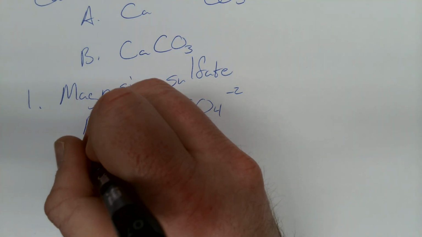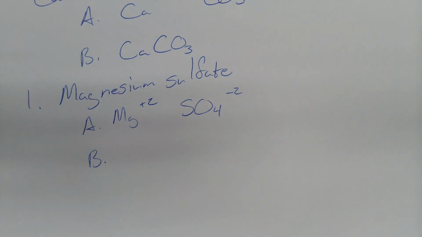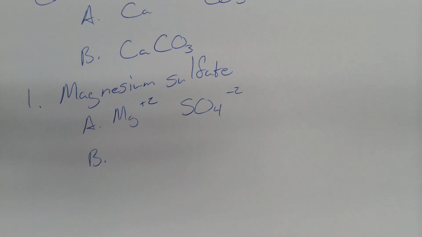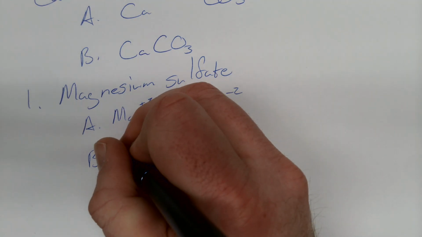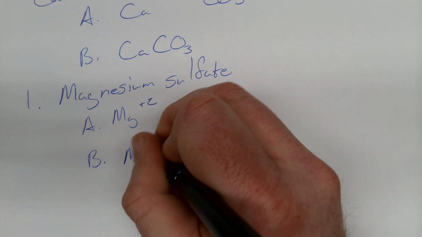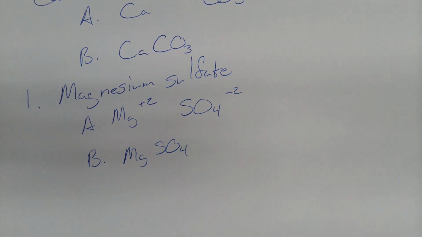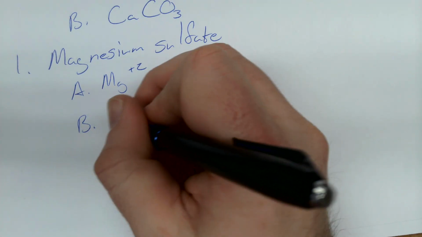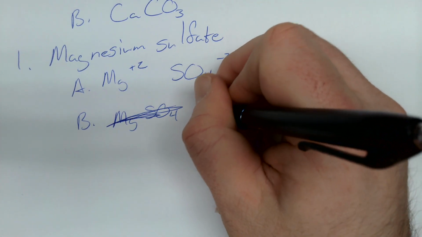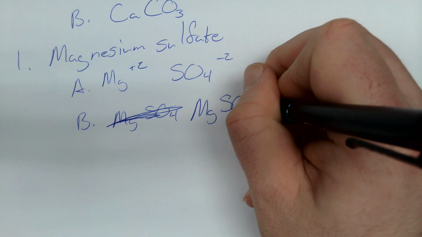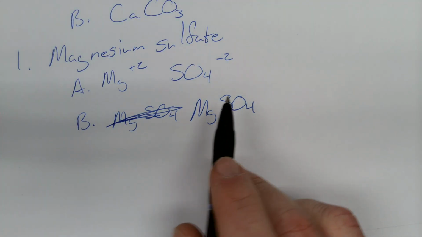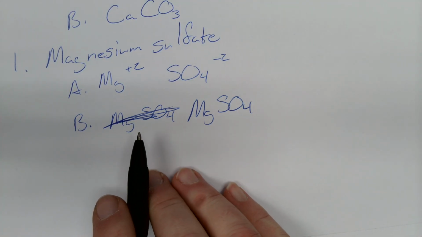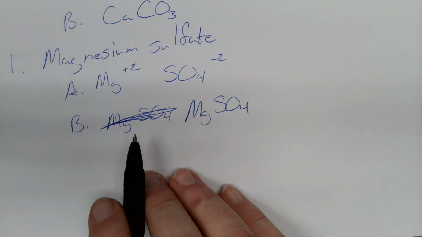So what's the formula going to be then? MgSO4. They're right next to each other. I don't know why I gave them a little bit more spacing than they were supposed to have. That was weird.